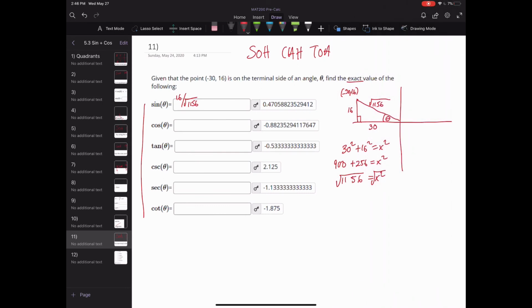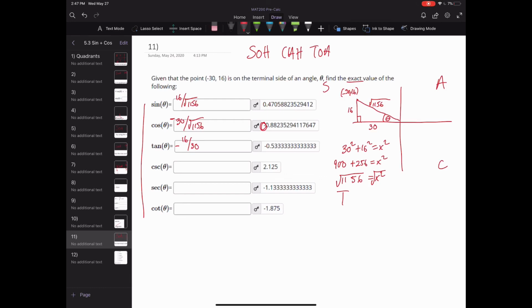Cosine is adjacent over hypotenuse, so it's just 30 over the square root of 1156. But here's the thing. CAST, C-A-S-T. Is cosine positive in that quadrant? No, it's not, so it's a negative. And notice that the answer had a little negative right there as well. Tangent, we know the answer will be negative right away. Tangent is opposite over adjacent, so that's 16 over 30, negative 16 over 30.